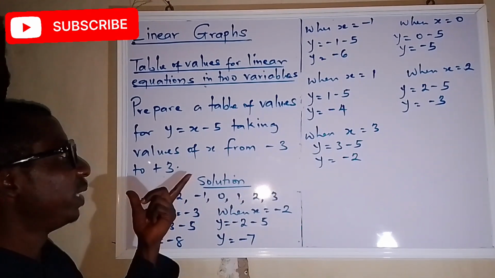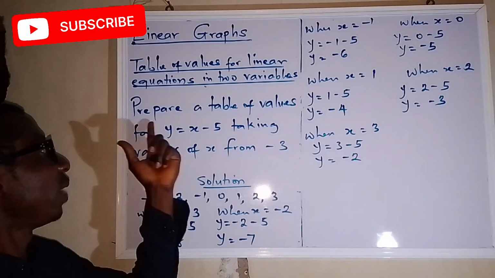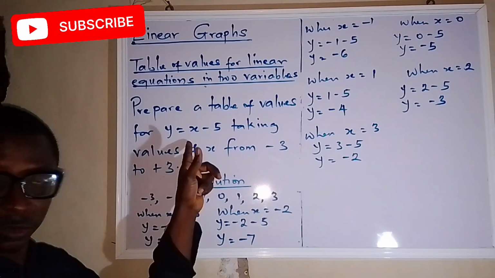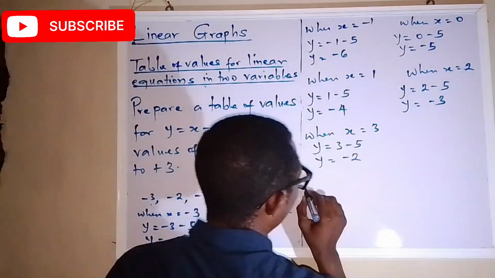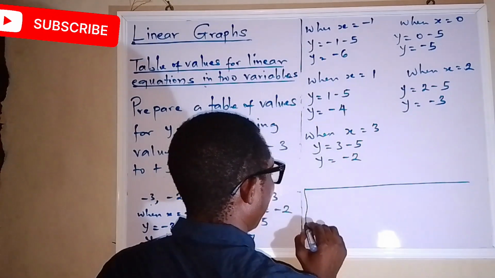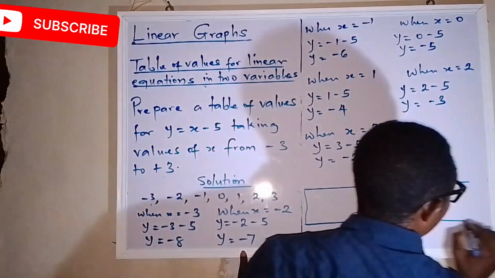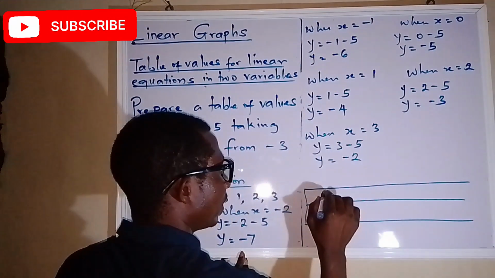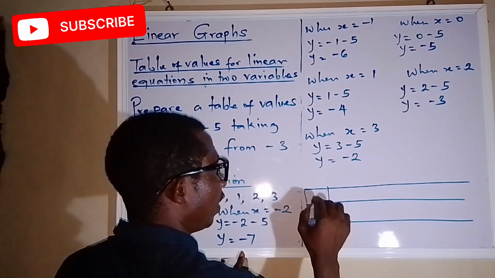So we now tabulate it because we have to prepare a table of values for this equation. So we have it this way. The first thing now is to list the values of x.